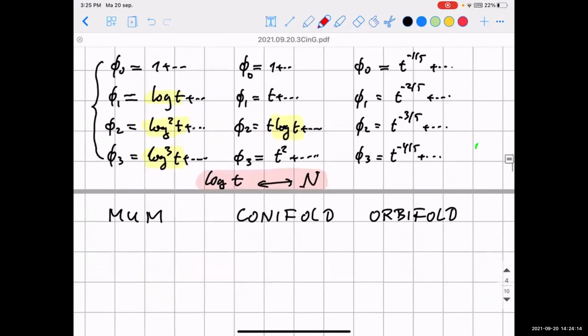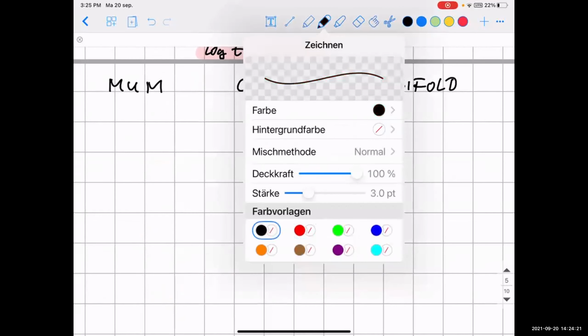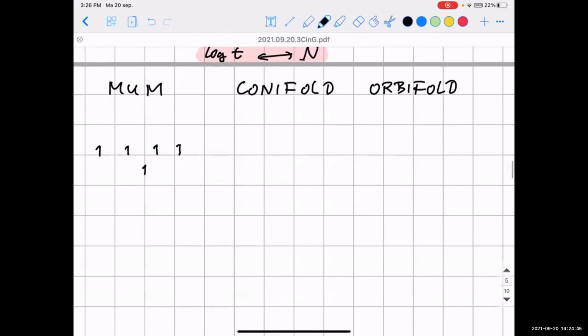So now I will start writing here. So now in the process of degeneration of Hodge structures, if you start with a Hodge structure with all Hodge numbers 1 and you go to a MUM point, then these ones you had originally get torn apart and become ones like this.